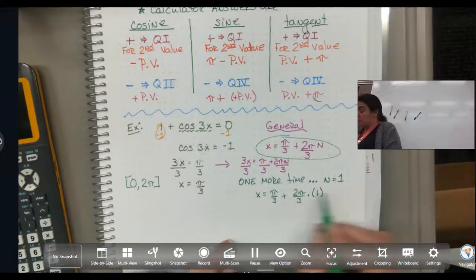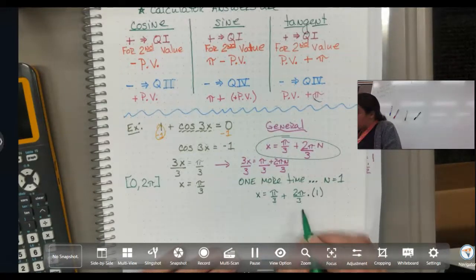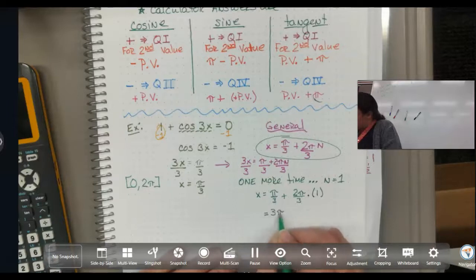Well, 2 pi over 3 times 1 is just 2 pi over 3. So pi over 3 plus 2 pi over 3 is 3 pi over 3. Well, 3 pi over 3 is just pi.